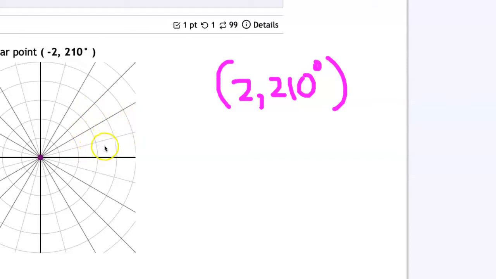Now we're going to go 2 circles out from the center, 1, 2. So this point right here is the point 2 comma 210. So if we were to go in this direction still, but walk backwards 2 circles, then walking backwards 2 circles will give us the value that we want.